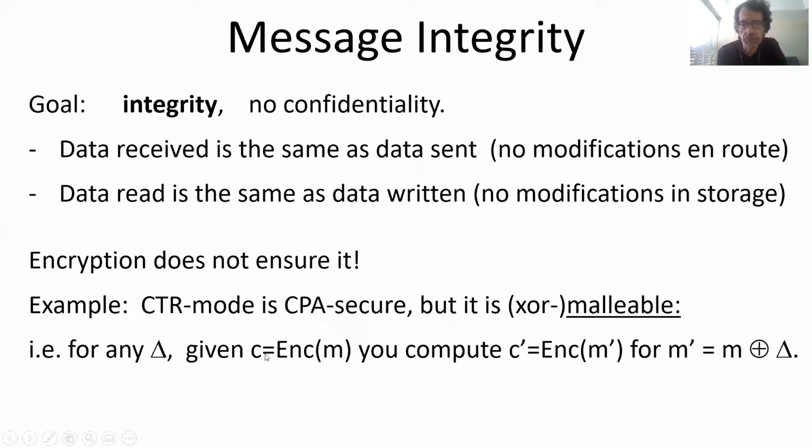You can take a counter mode encryption, and without knowing the key and without really knowing the plaintext, transform it into a new ciphertext, which under the same key is going to encrypt predictably a new message, which is related to the original one in ways that the attacker knows. That's captured by this delta.